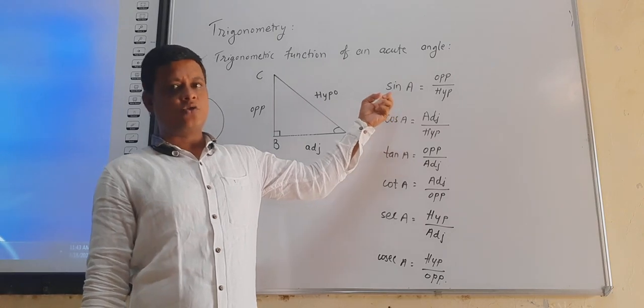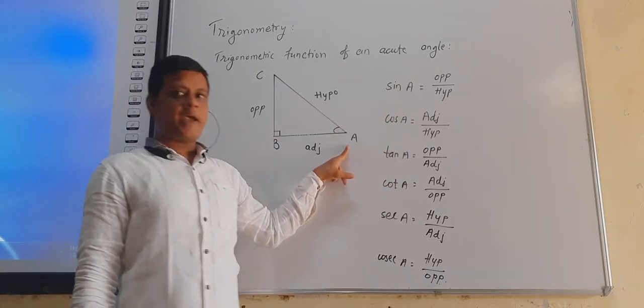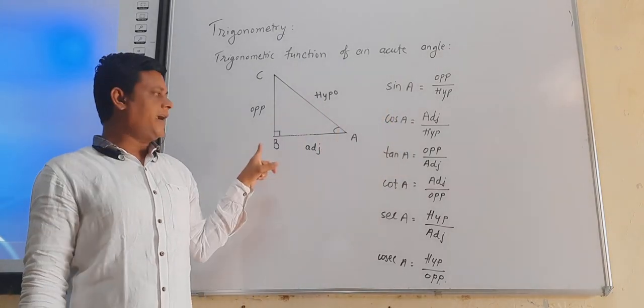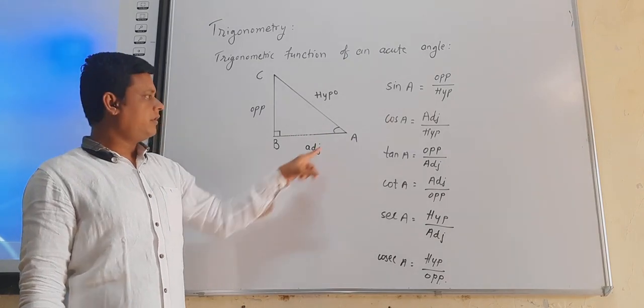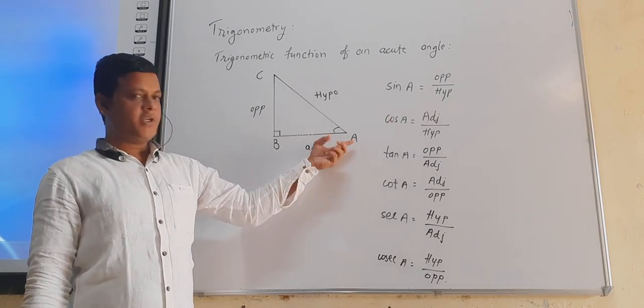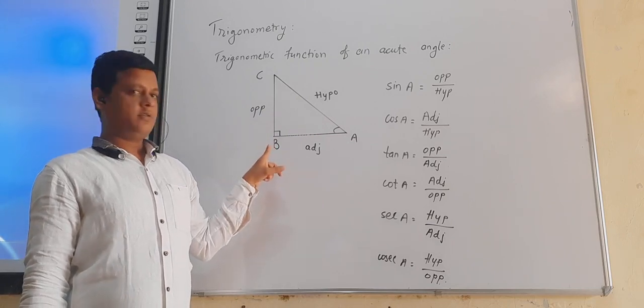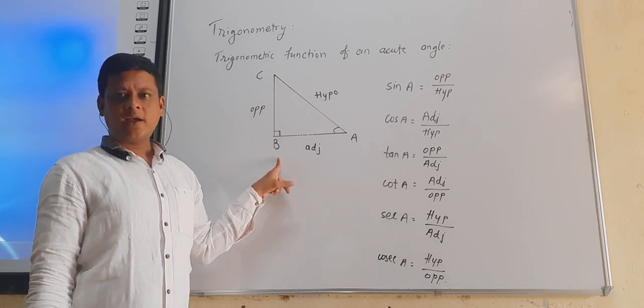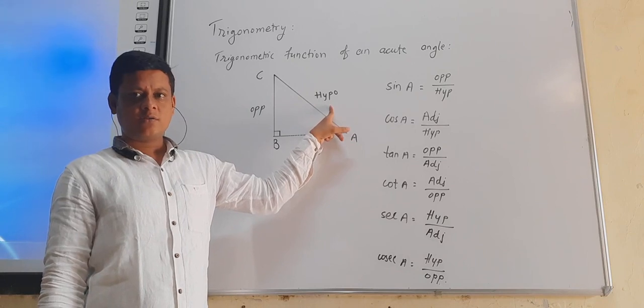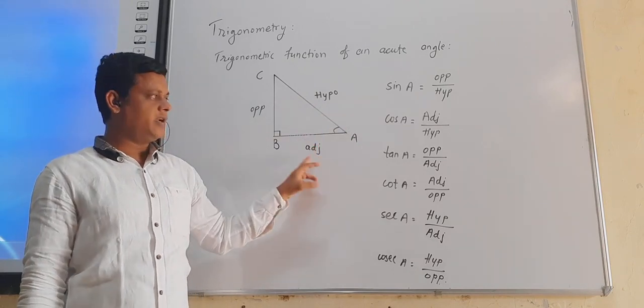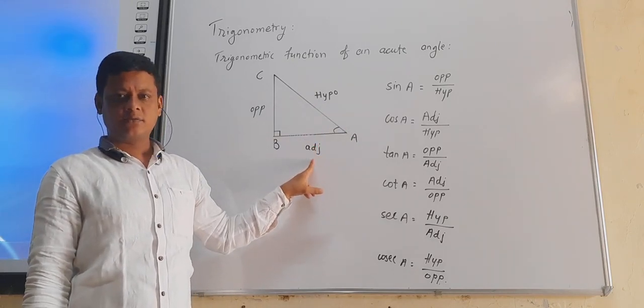For sine ratio, if we consider acute angle at A, right angle at B, then side opposite to acute angle is opposite side. Side opposite to right angle is hypotenuse, and the remaining side we call adjacent side.